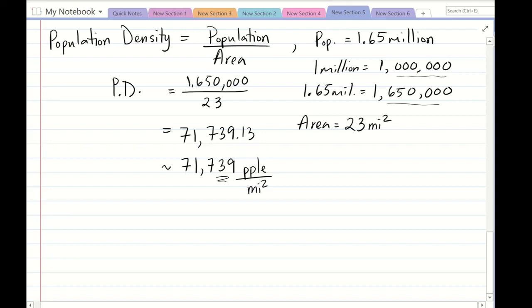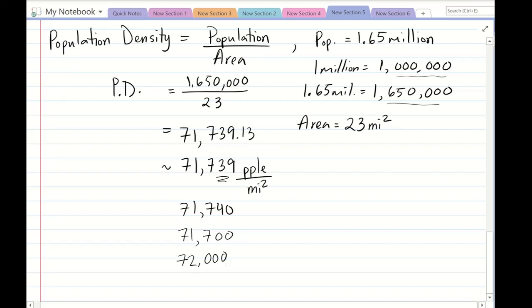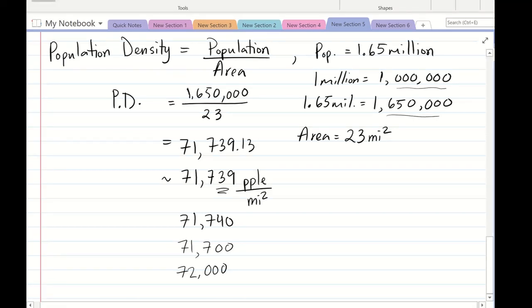Now, if you round this, you can round it to this as well, right? If you round to the tenths place, that would be that. If you round it to the hundredths place, it'd be this. If you round to the thousandths place, it would be this right here, right? So let's talk about this for a little bit, because we discussed in last week's lecture what rounding to different places was, but in decimals, right?